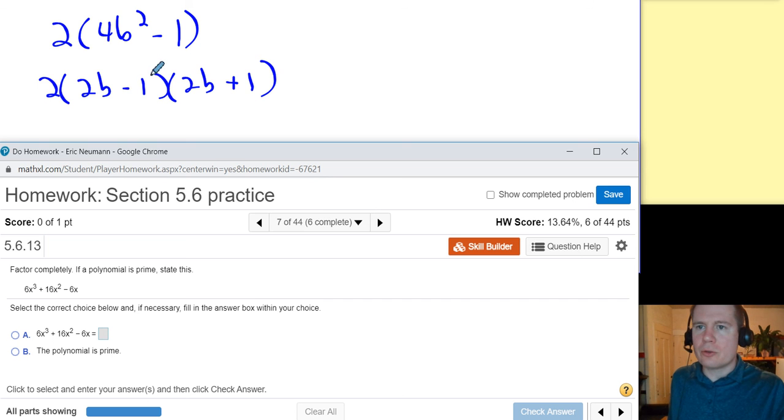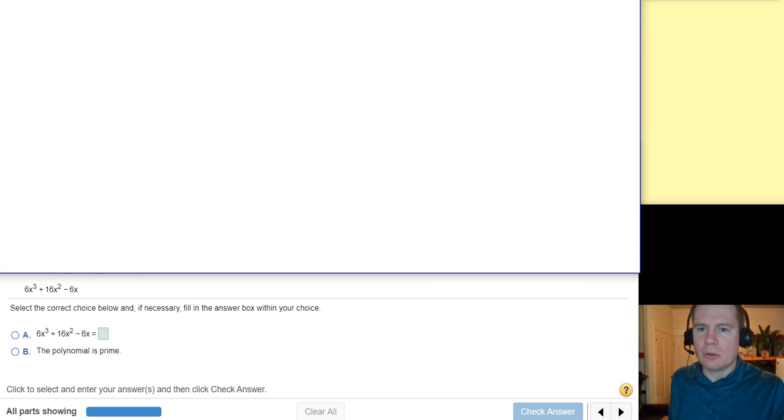All right, let's just do a few more. 6x cubed plus 16x squared minus 6x. Another third degree, but only 3 terms, so factoring by grouping might not be helpful. And x is a common factor here. So is 16, that's not 6 times something, but these are all even.